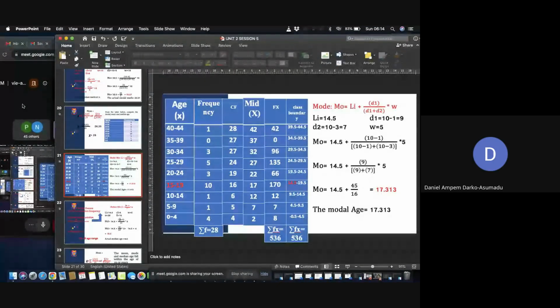I'm saying that CF in the formula means, look at what's the cumulative frequency figure that immediately precedes the class that contains the median age.